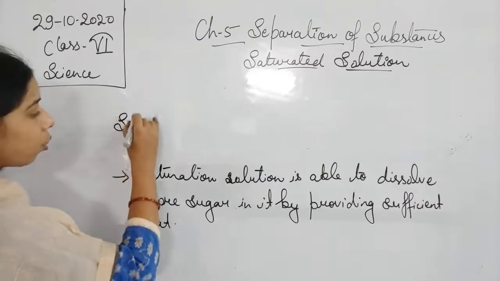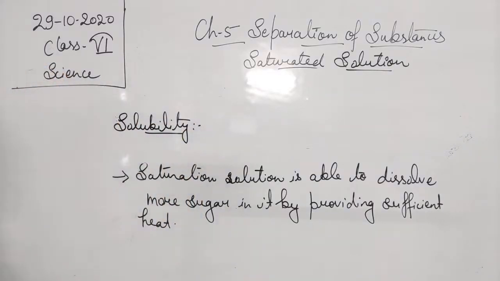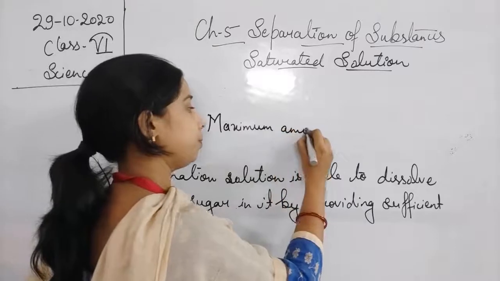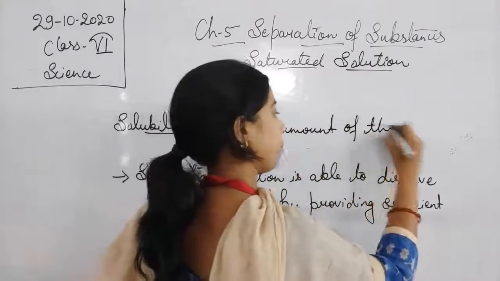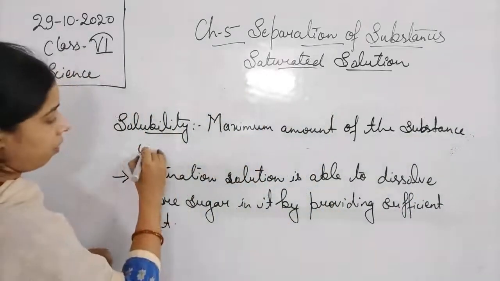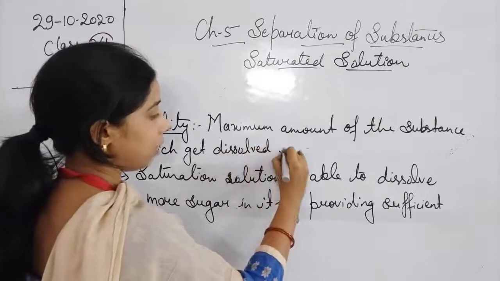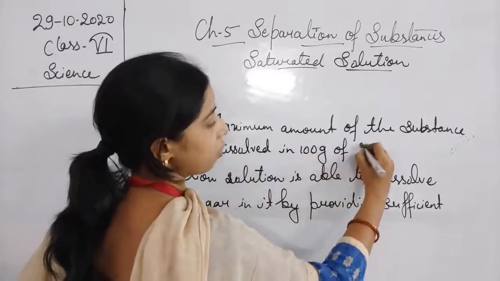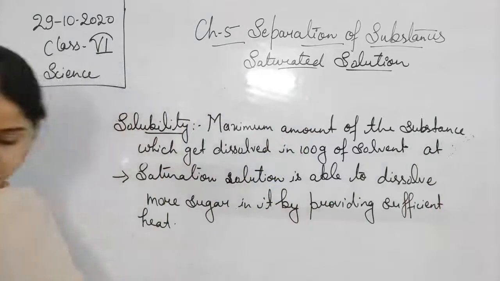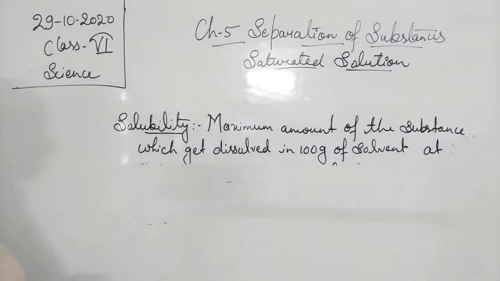So what do we understand by solubility? Solubility is the maximum amount of a substance which gets dissolved in 100 gram of solvent at a particular temperature.